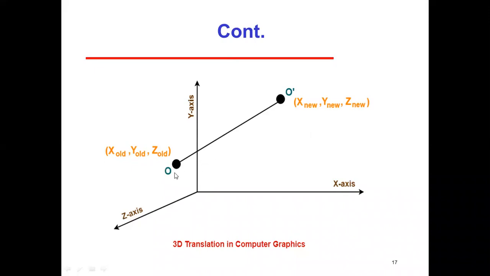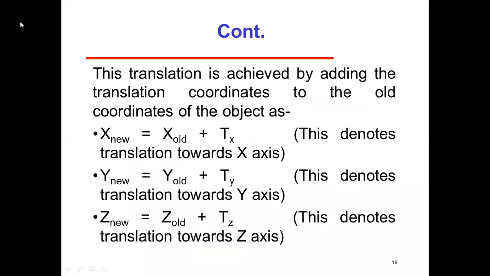So how are we going to move our object from O to O dash? In this way we are going to move our object. So this is called the translation in 3D. Now this translation is achieved by adding translation coordinates.